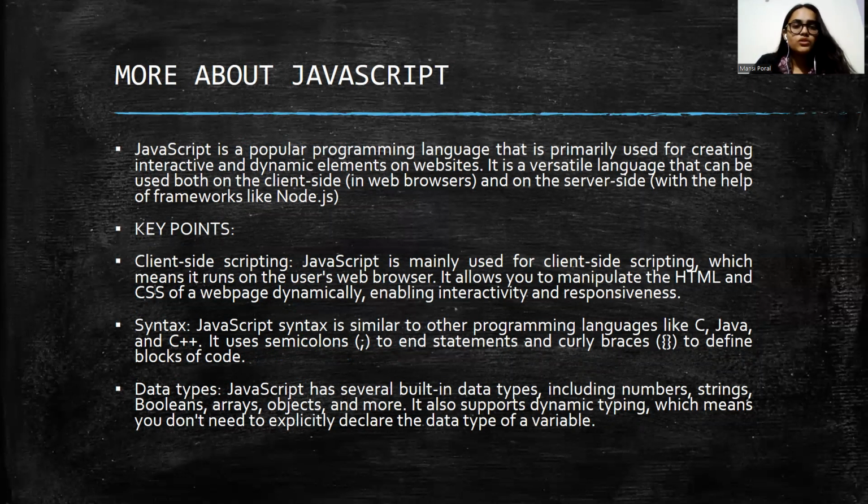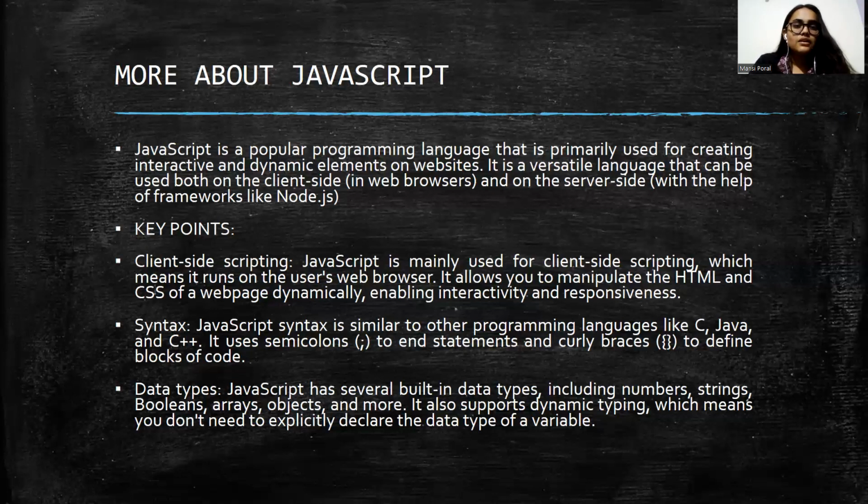Some of the key points of JavaScript: it is client-side scripting. JavaScript is mainly used for client-side scripting, which means it runs on the user's web browser. It allows you to manipulate both HTML and CSS of a web page dynamically, enabling interactivity and responsiveness.